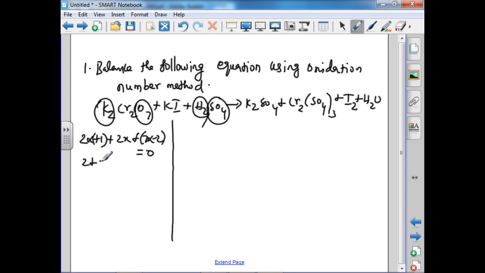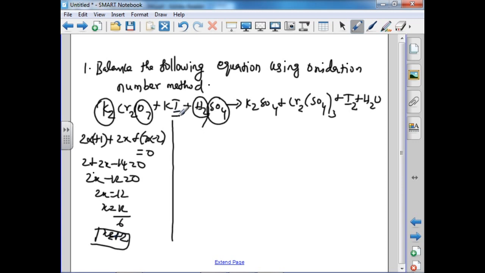So 2 plus 2X minus 14 equals 0, 2X minus 12 equals 0, 2X equals 12, X equals 12 divided by 2, X equals plus 6. So the oxidation state of chromium in K2Cr2O7 is plus 6.